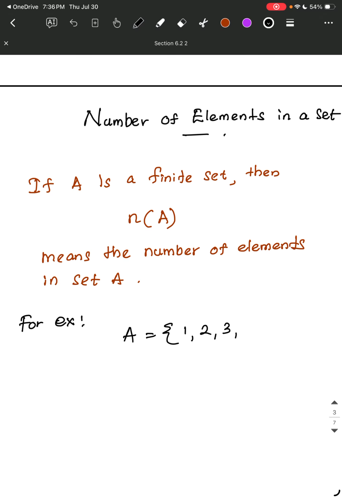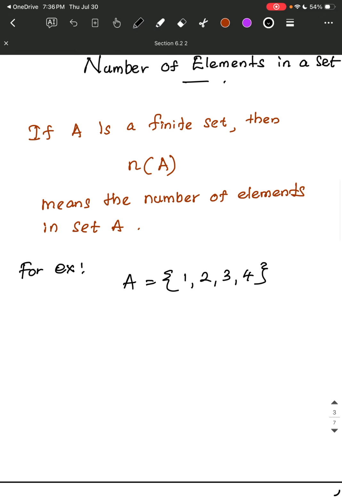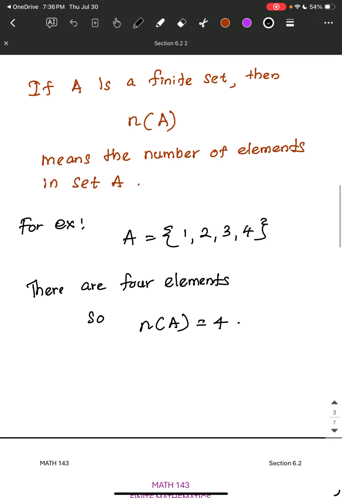There are 4 elements. So, the number of elements in set A equals 4. We are not adding the elements, we are simply counting how many elements are present in our set.